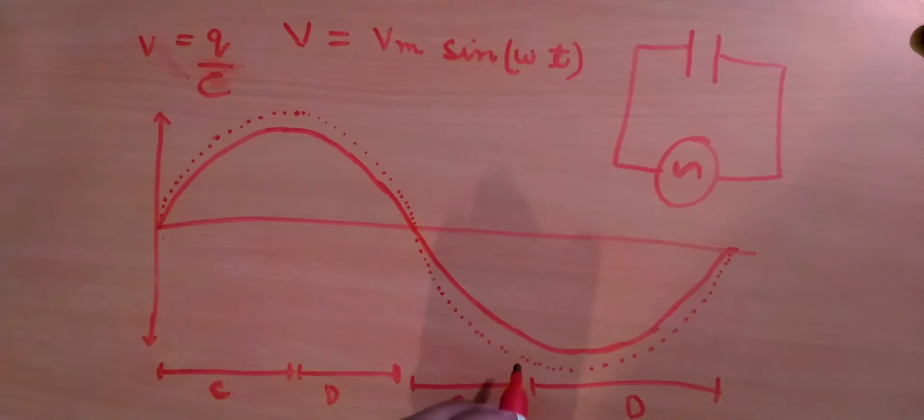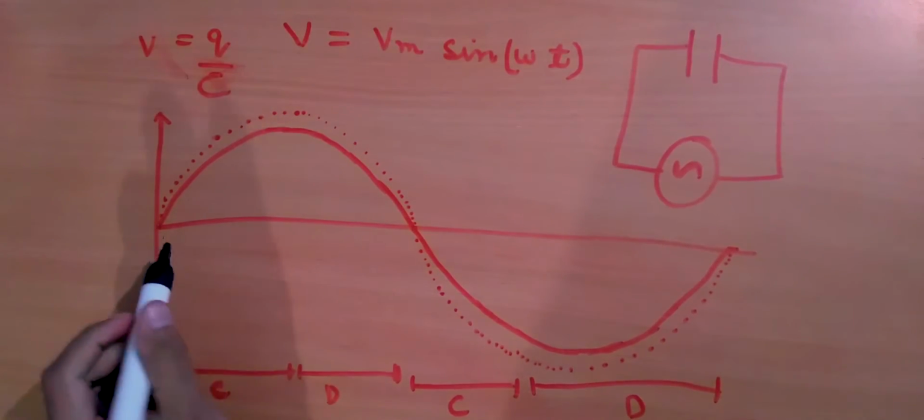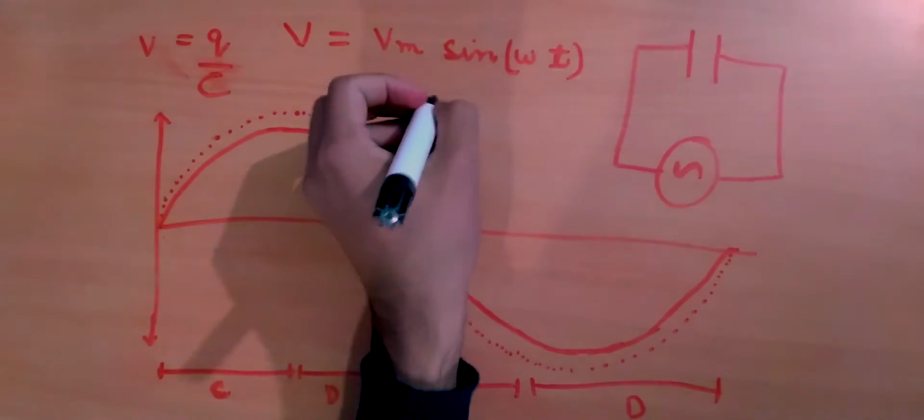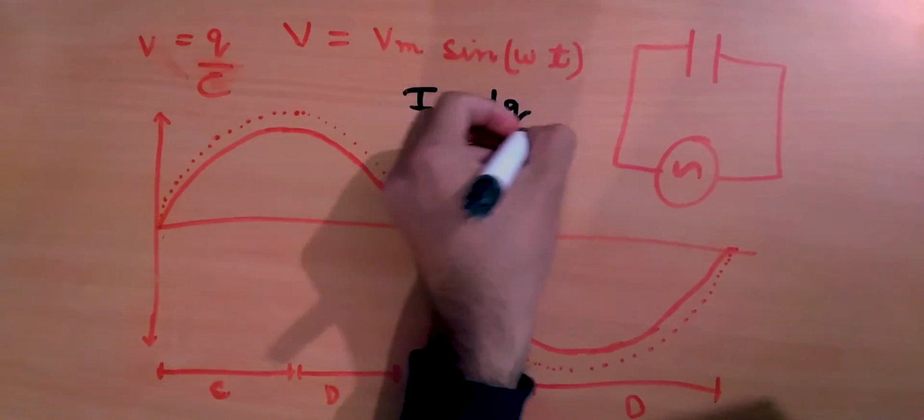Now comes the turn for the main character, which is the current. I think I should switch the color for that. I'll take black for current. So current is nothing but the rate at which charge is flowing through the circuit, right?